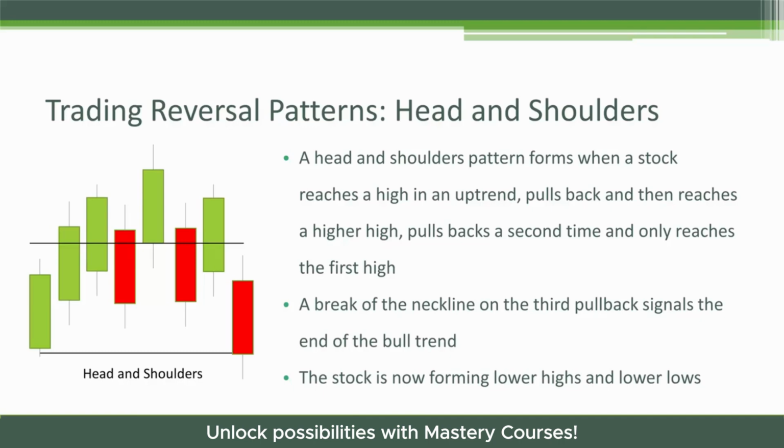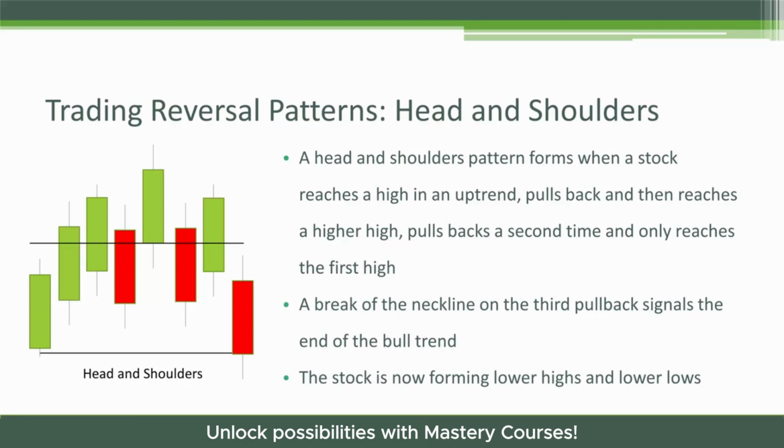So what we have going on from a psychological level is that the stock is performing as it should, making a higher high and a higher low, but then that pattern reverses itself, and we have the stock making a lower high and then a subsequent lower low.